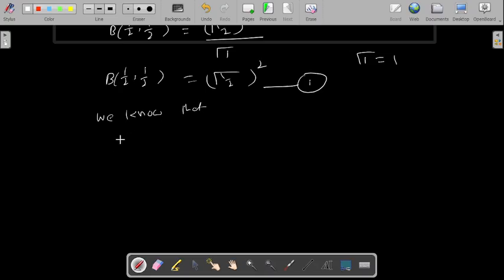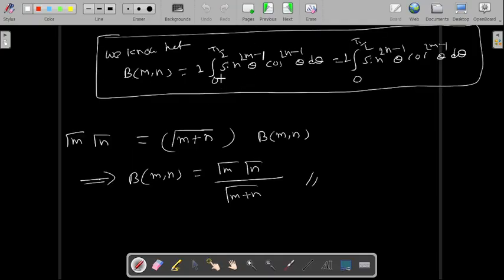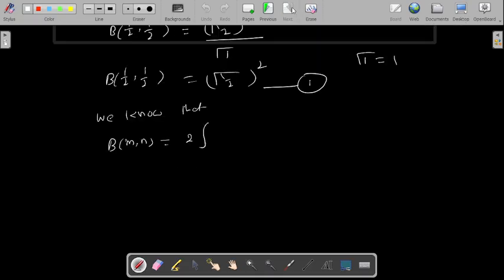What is beta of m comma n in trigonometric form? Just now I said the trigonometric form. It is 2 into integral 0 to pi by 2 sin power 2m minus 1 theta cos power 2n minus 1 theta d theta. Again here take or put m equal to 1/2, n equal to 1/2.